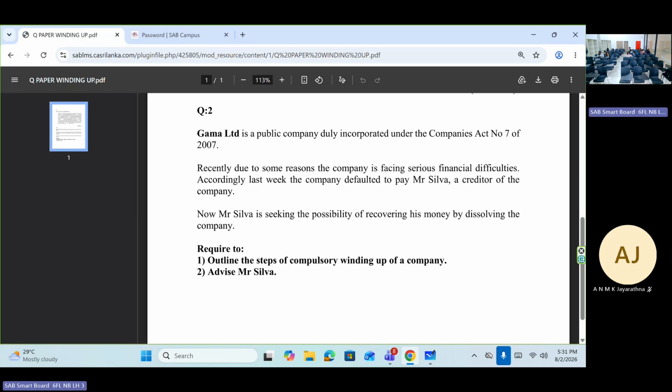It will be deemed that the company is unable to pay its debts.